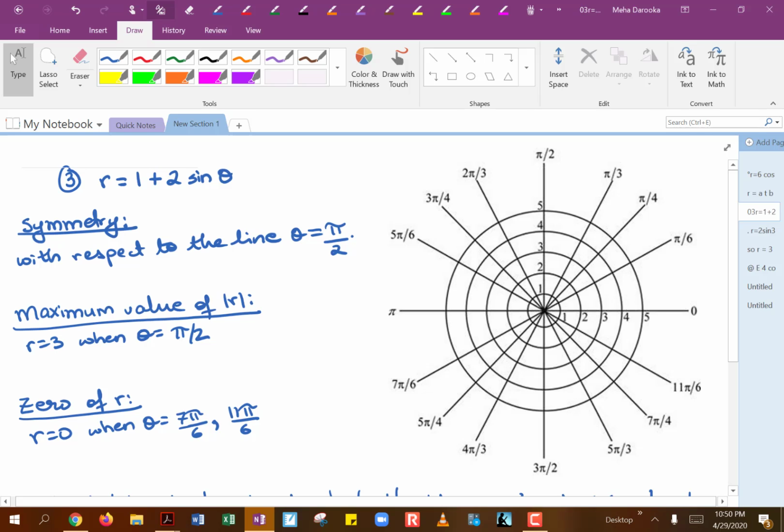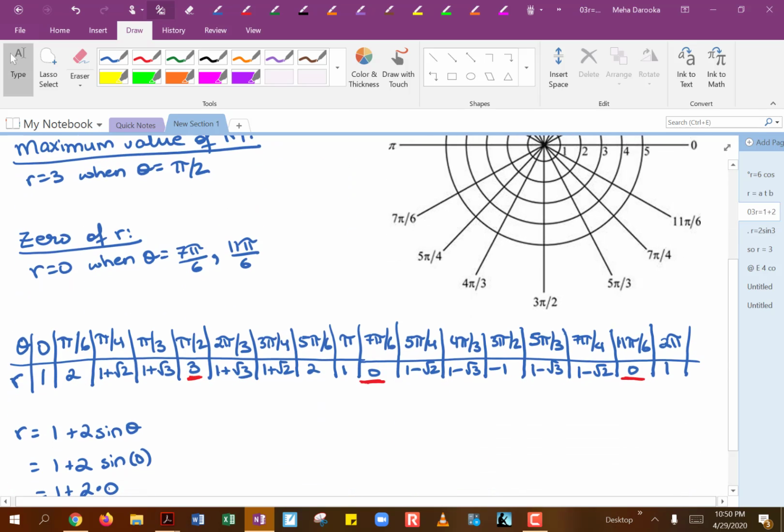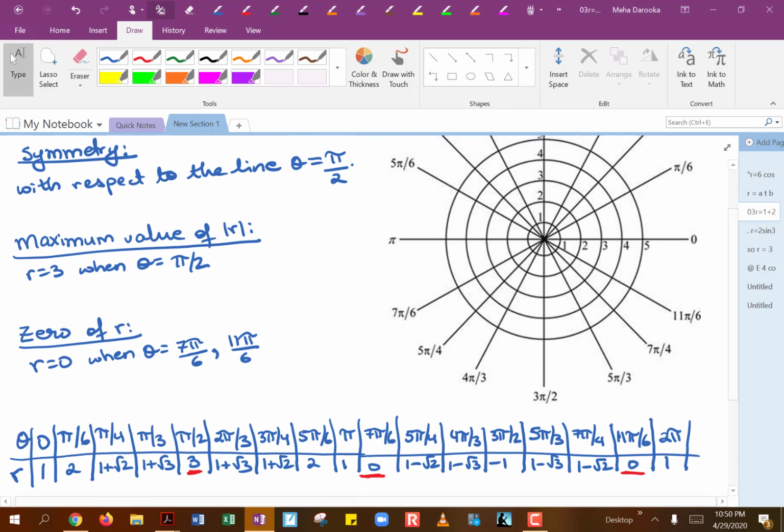Now, of course, we have our table and we have our symmetry with respect to the line theta equals pi over 2. So we can now go ahead and see what our graph is going to end up looking like. At 0, we have the value of 1, so that's going to be right over here. At pi over 6, we have the value of 2. At pi halves, we have a value of 3. At 5 pi over 6, it's 2.